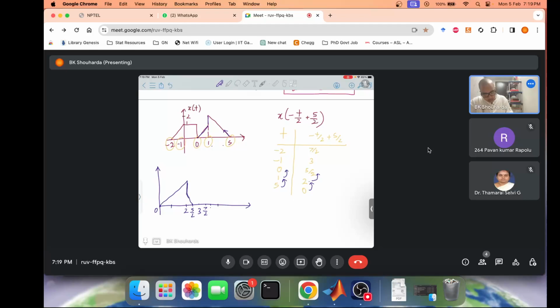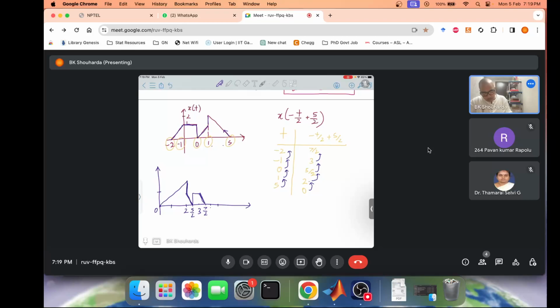Although this transition is very steep, now from 0 I have a rise, so at 5 by 2 I will also have a rise. Now it remains constant, so from 5 by 2 to 3 it will remain constant, and here it again moves down to minus 2. This movement will be shown from 3 to 7 by 2.